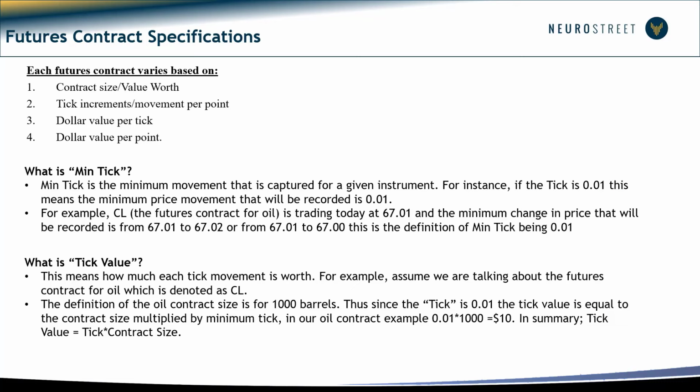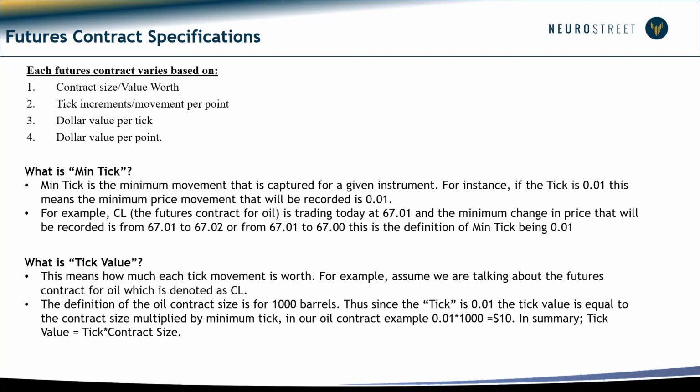So let's shift gears now and talk about why it's really important to understand your markets. Every futures contract varies because it's an independent market. Just like if you're looking at, say, Google stock, it could be trading at $400 where Visa's trading at $100. They're different companies, so they're priced differently.